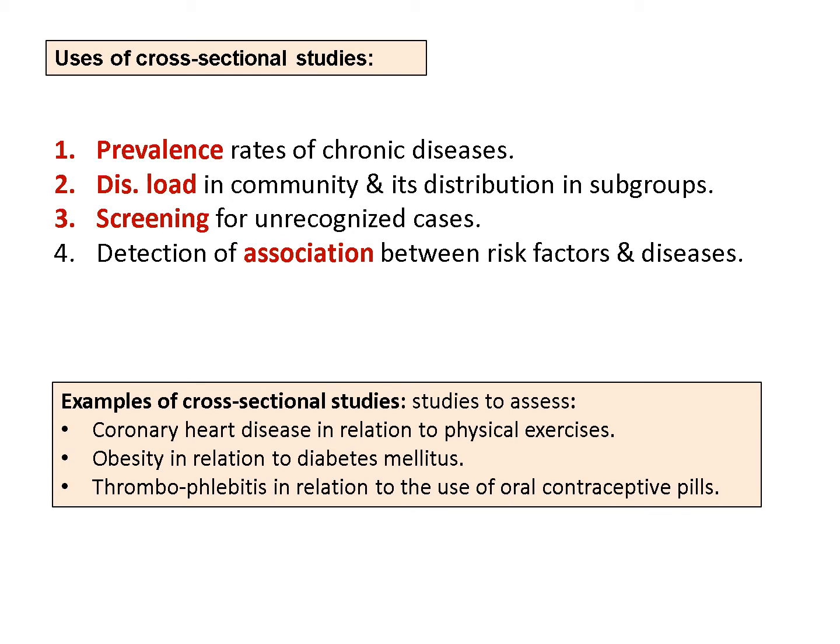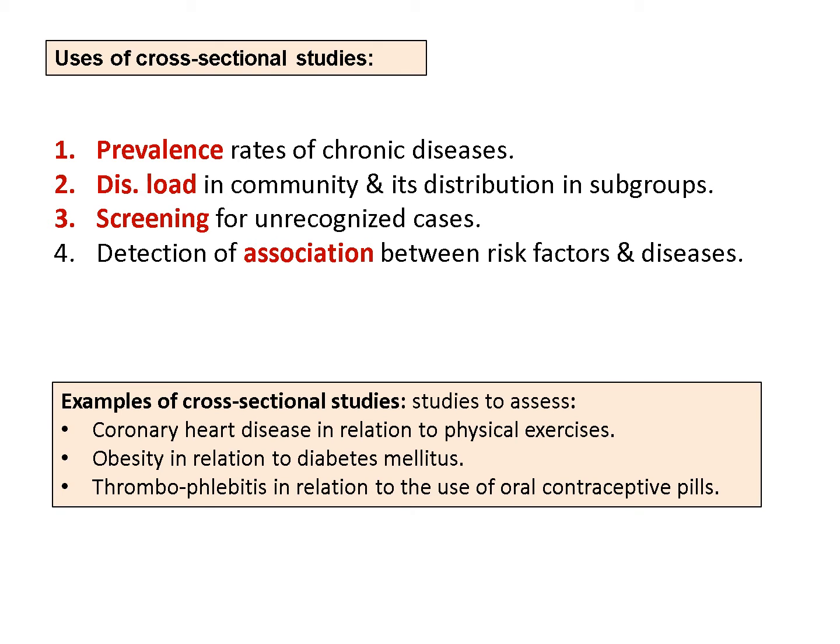Also, we can do detection of association between risk factor and disease. Let us give an example to make it clear. Example for a cross-sectional study: a cross-sectional study to detect association between coronary heart disease in relation to physical exercise.